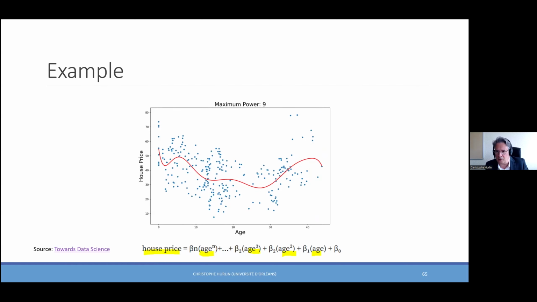Here we consider a polynomial regression, and here you have the order of your polynomial regression. It's clear that on the training data set, you will observe an increase of the R squared, or a decrease of the mean square error, if you increase the order of your polynomial regression. Why? Because your model will capture all the specificities of the in-sample data.